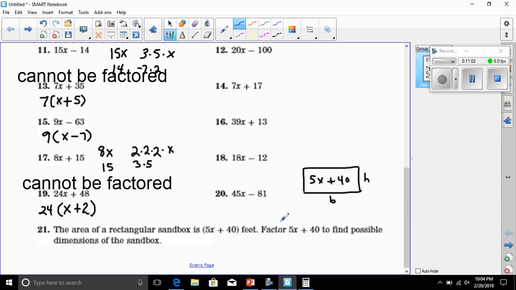Now we have to figure out how to factor all the possible dimensions of this sandbox. Okay? So let's go ahead and think of what numbers can be multiplied to each other to equal this here. And the important thing to remember is it's two things that are going to be multiplied to each other.